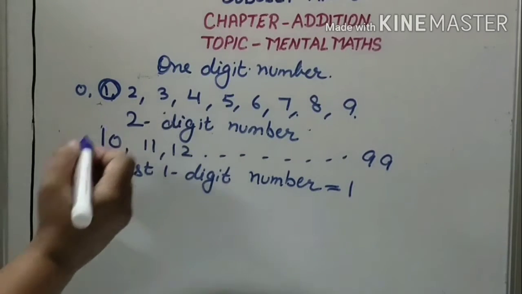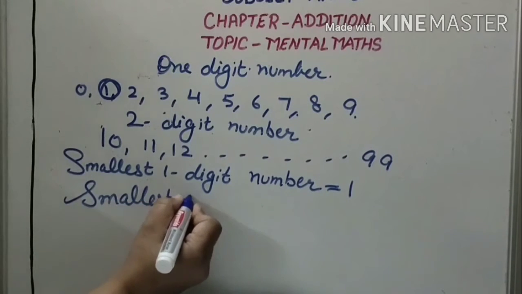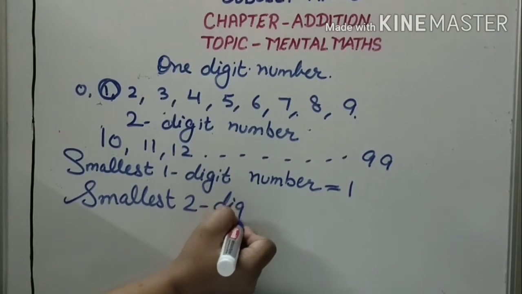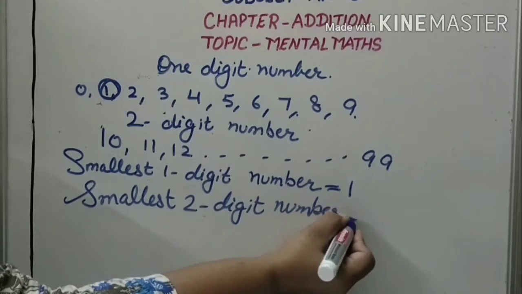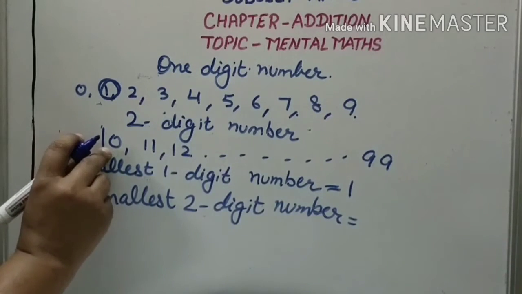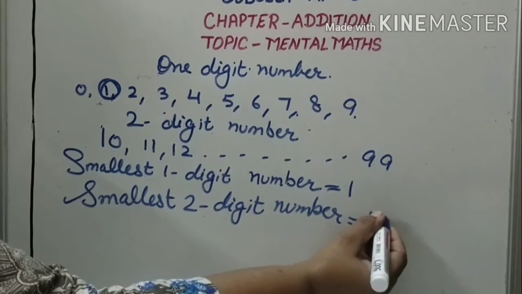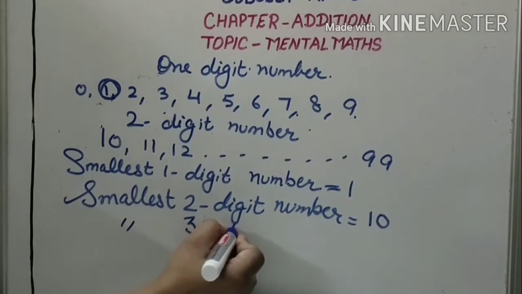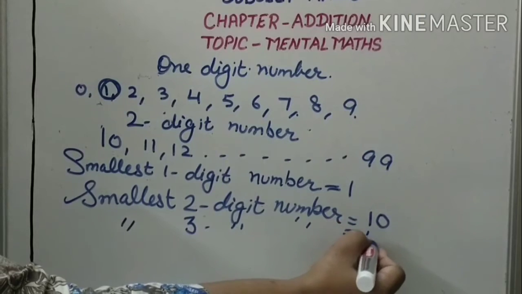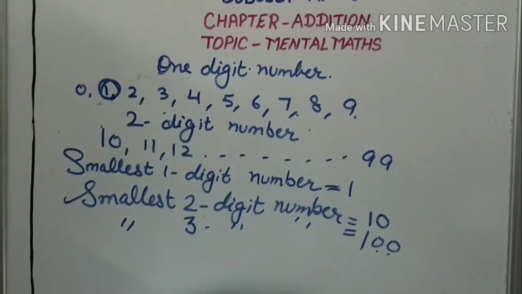Then the smallest 2-digit number starts from 10, that means 1 with 0. In the same way, the smallest 3-digit number is 100, that means 1 with 2 zeros. So in this way we write the smallest number.